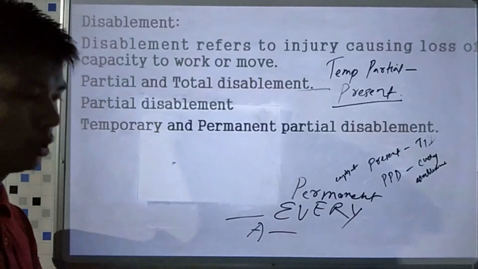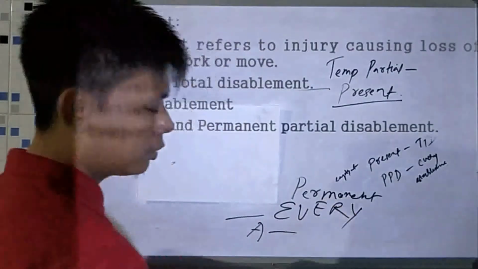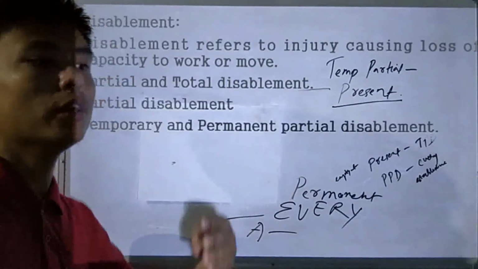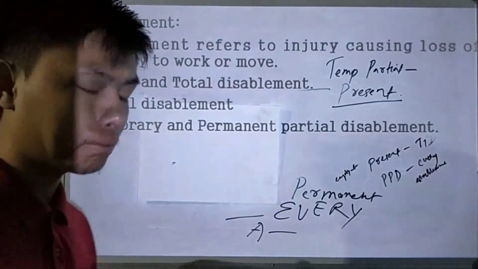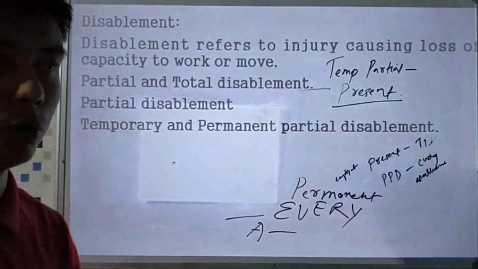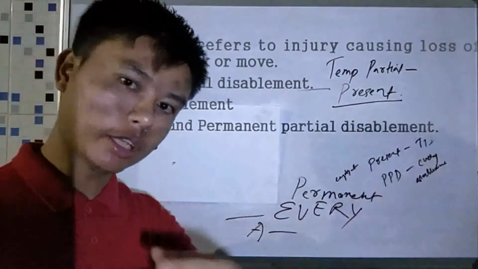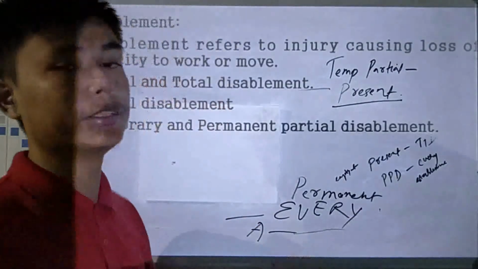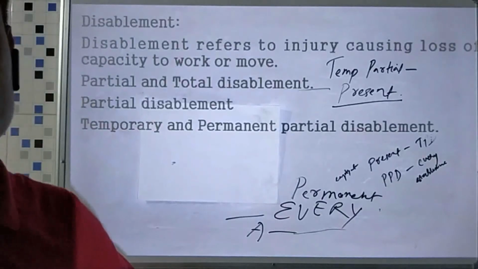No matter what, it's permanent, but it's partial. It's not that I can neither move nor work. I can still work, though my working capacity may reduce. So irrespective of wherever I go, today I'm working here, tomorrow if I go there also I'll be the same, right? So it talks about every establishment, and it is permanent in nature, right?